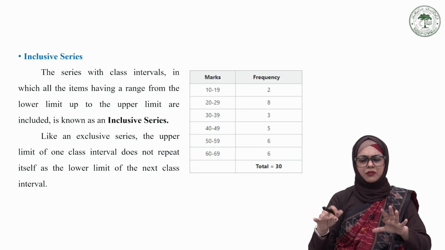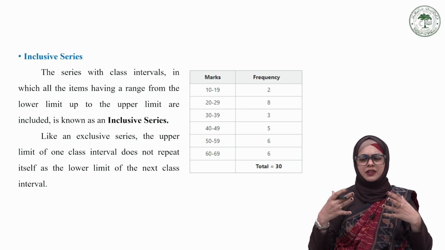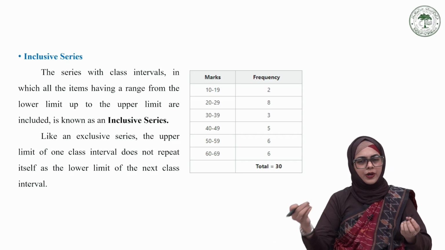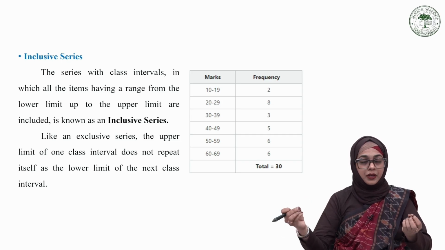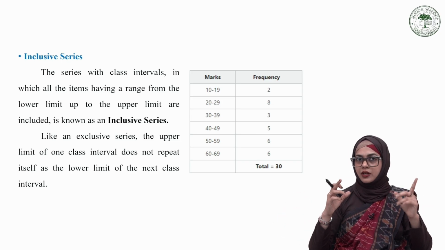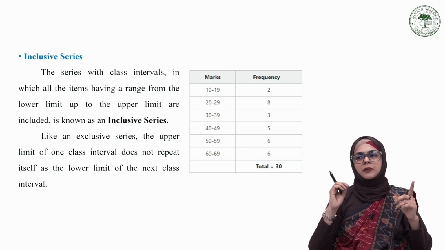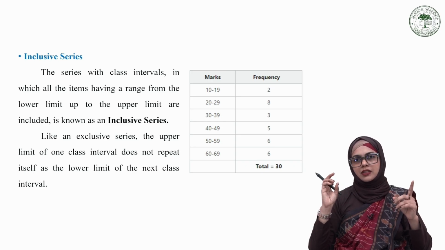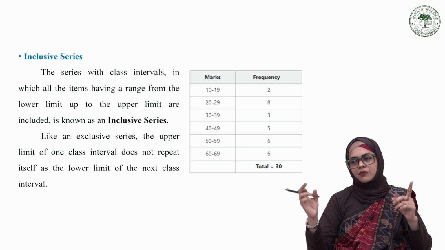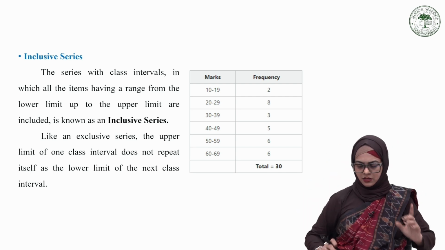This is fairly easy and fairly basic. You can understand where the value of 20 would be, where the value of 39 would be. But in the exclusive series, don't get confused. We don't place that particular value just because it is lying at the upper limit, like 10 was lying at the upper limit. We'll include it in the next class interval.